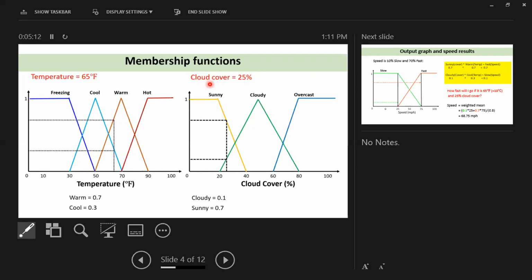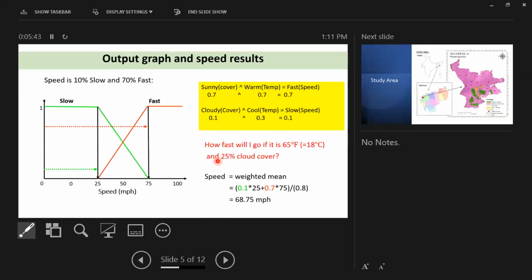And for 25% cloud cover, the vertical line touches the sunny and cloudy. For the cloudy, it is at 0.1, and for sunny it is at 0.7.